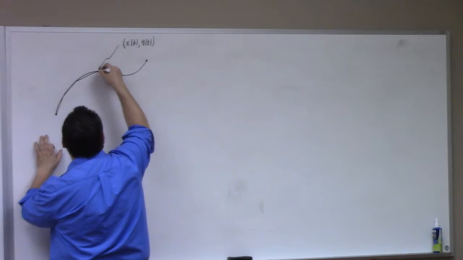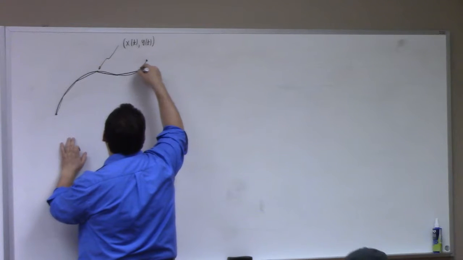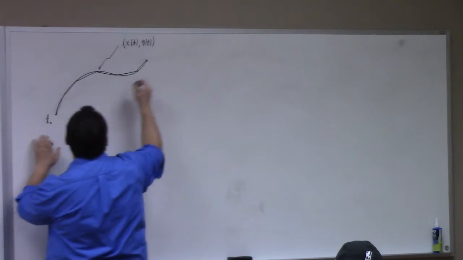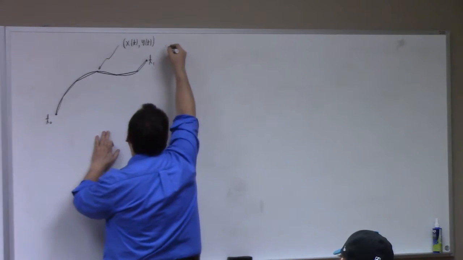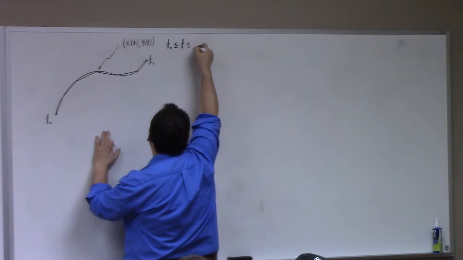And to keep things relatively simple, I'll assume that the time between the line segments is equally spaced. So this would be time 0, this would be time 1. Let's suppose this is for t0 less than or equal to t less than or equal to t1.